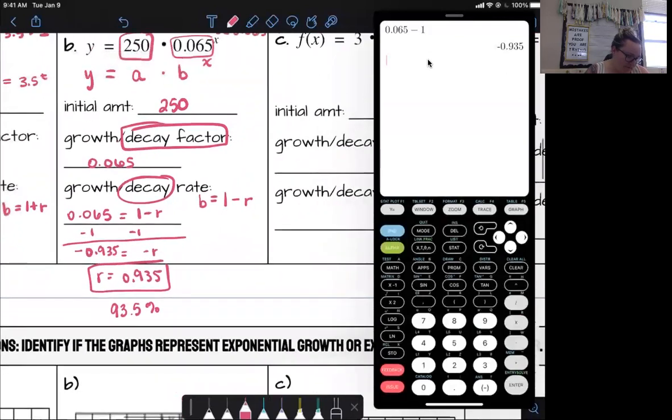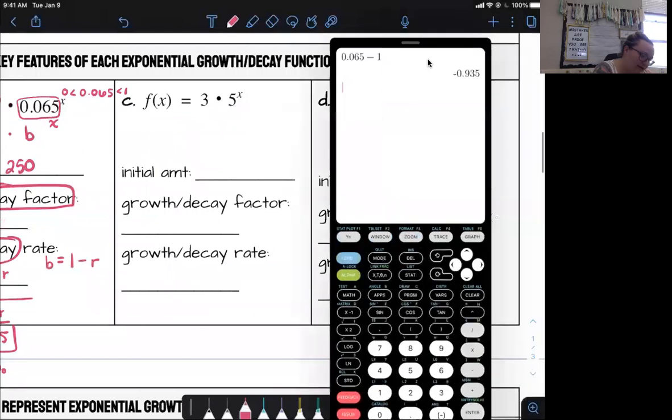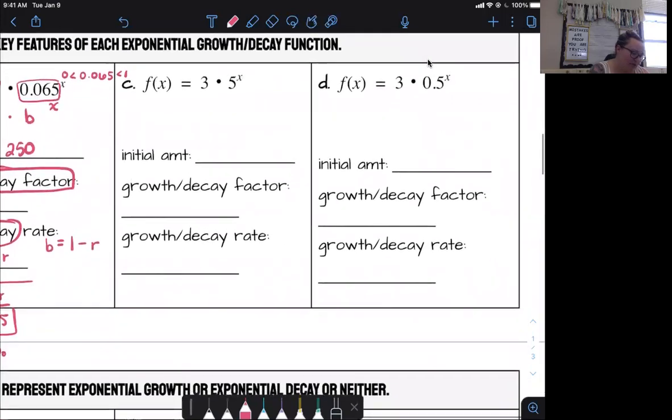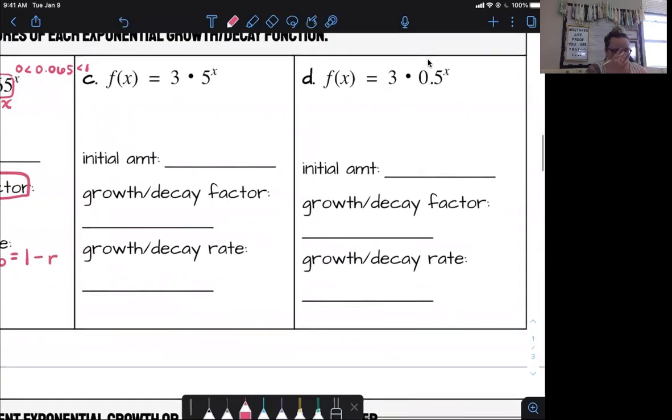All right. So why don't you go ahead and do part C and part D on your own. So identify, are these exponential growth or decay models? Identify the initial amounts, identify the growth or decay factors, and identify the growth or decay rates. Go ahead and give it a shot on your own.